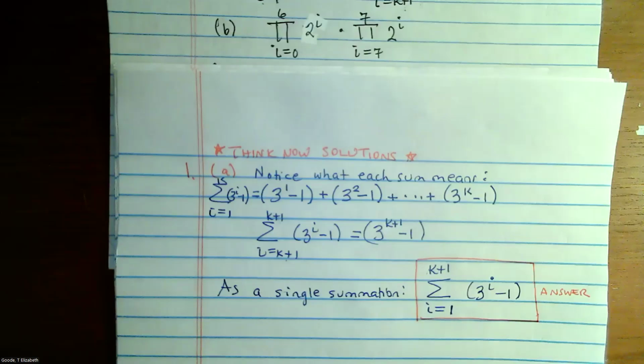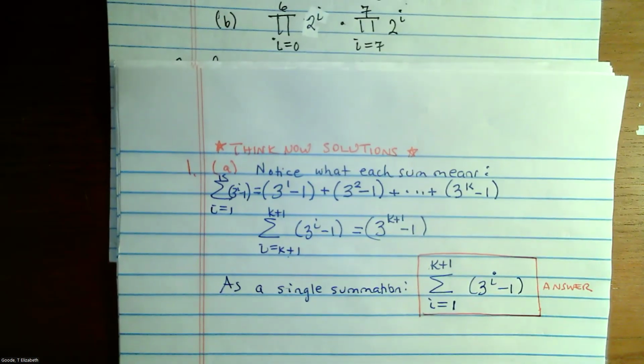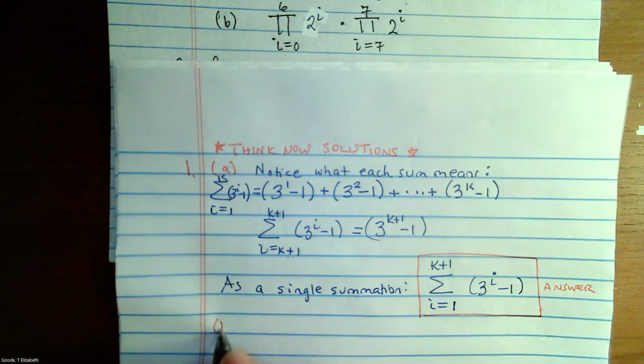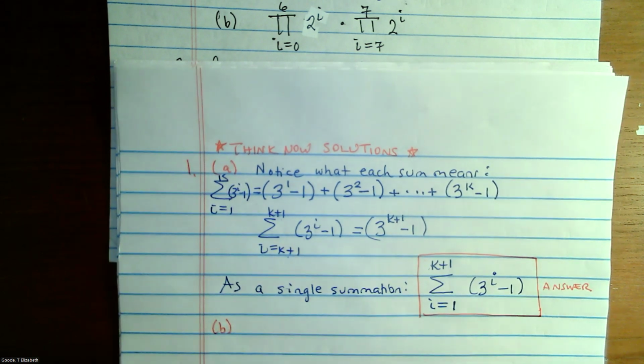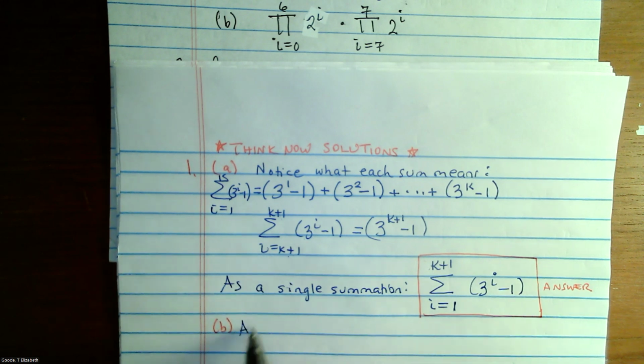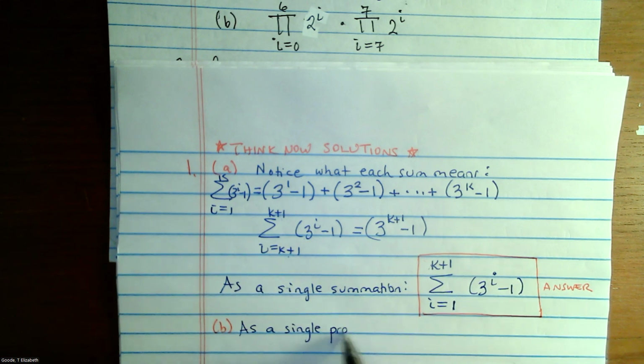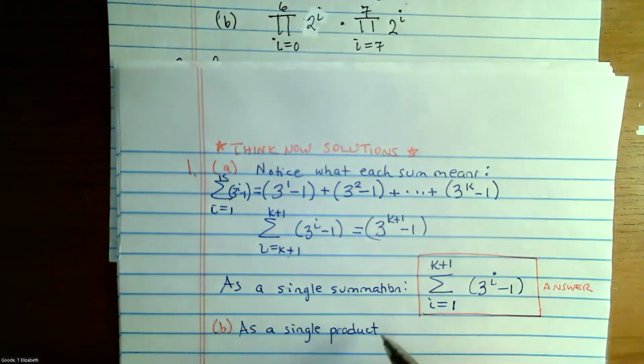We're asked to write that product as a single product, right? Well, I think you get the drift. So let's just go right to the answer. As a single product, how would we write this product of two products? Anybody?